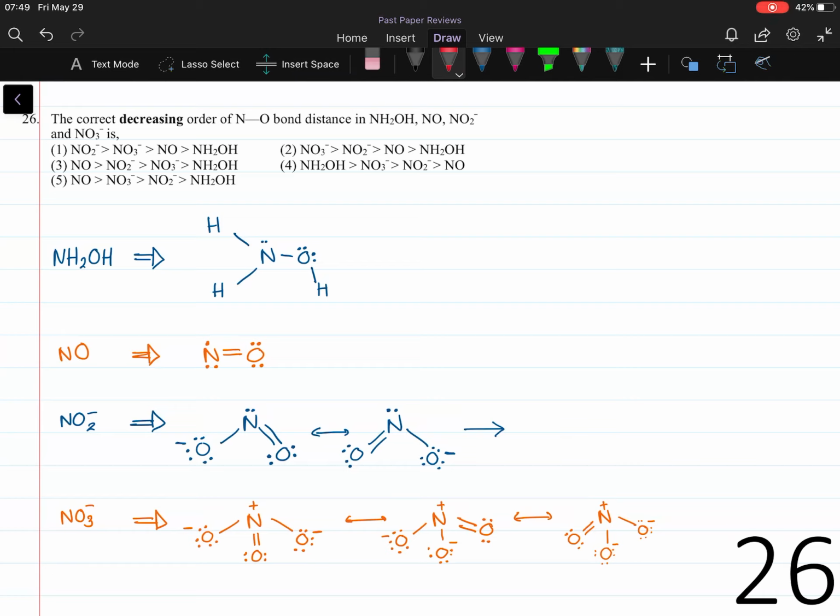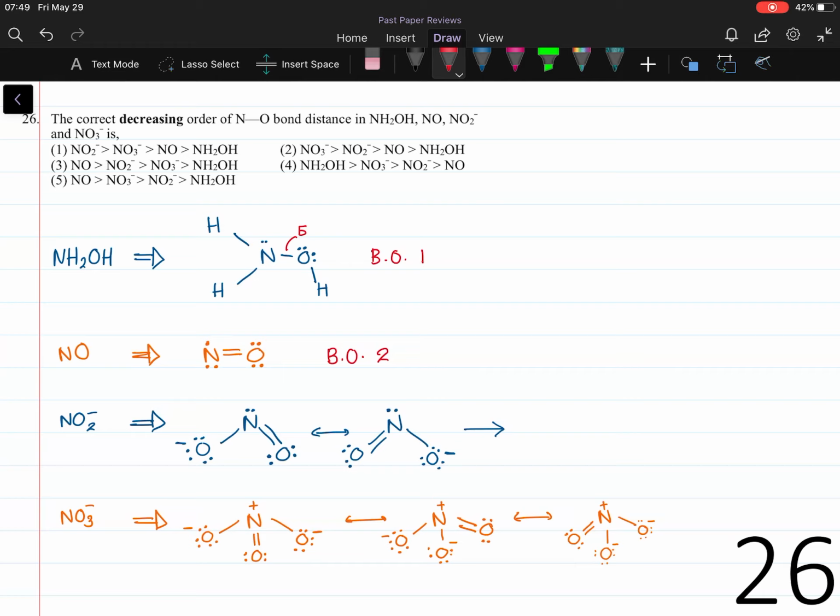If we take hydroxylamine, it only has a sigma bond between N and O, so the bond order is 1. In nitrogen oxide, there is a strong double bond, so the bond order is 2. Also, the double bond is not distributed because it only has 2 nuclei in the molecule.